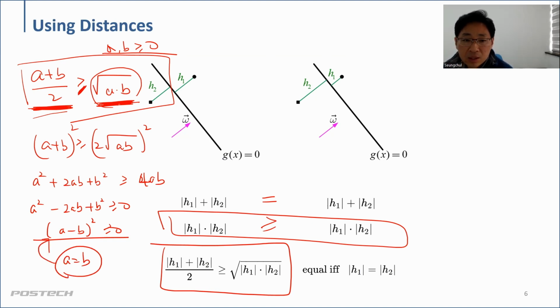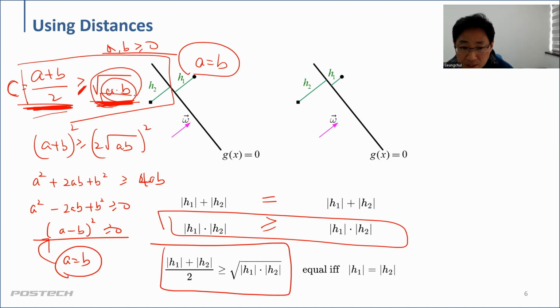That means if the summation A plus B is a constant C, which is the upper limit, and you do multiplications, the product is always smaller than C. The maximum value that we can have is when A is equal to B.